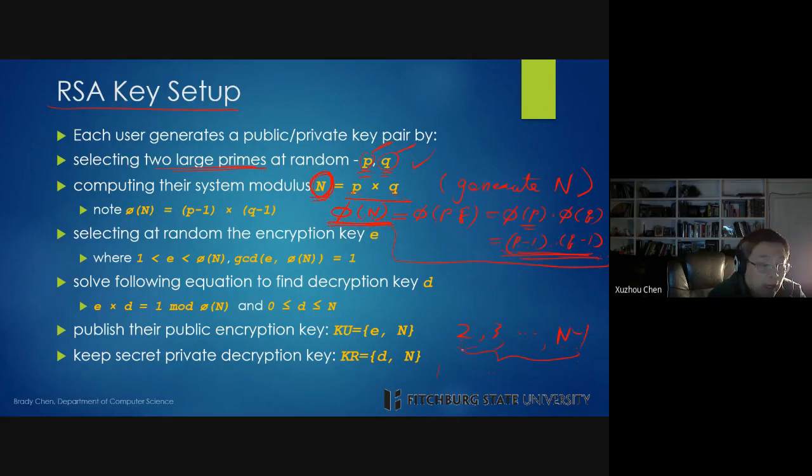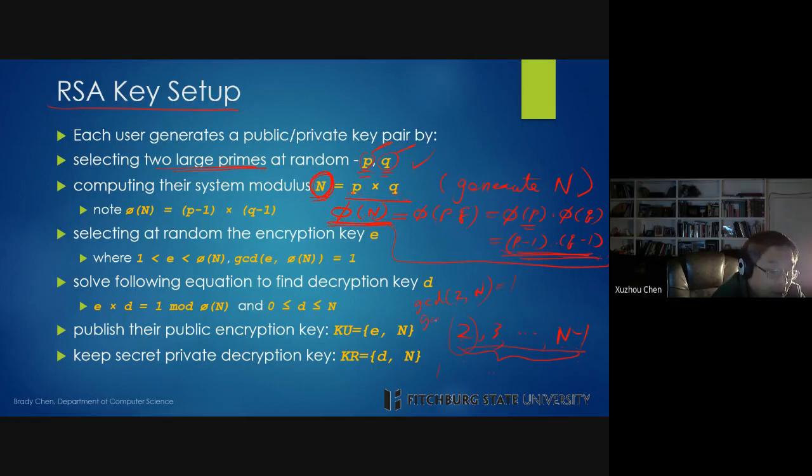Now, how much time do people expect it to take to find this out? That means for 2, you need to calculate the GCD of 2 and n, and make sure it's 1. That means they are relatively prime.